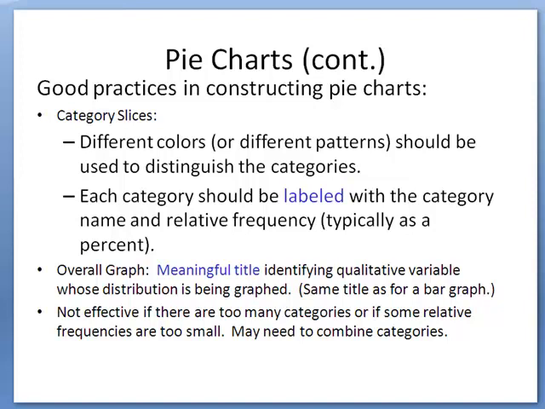It's basically the same title as the bar graph. Pie charts are not effective if there are too many categories. If some relative frequencies are too small, or if you have too many categories, it's not good to use a pie chart, so you may have to combine categories to make the pie chart meaningful.